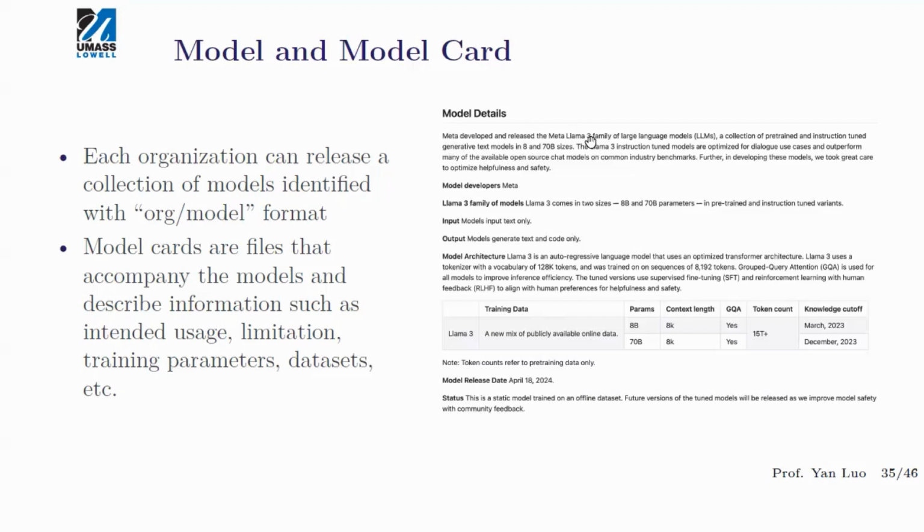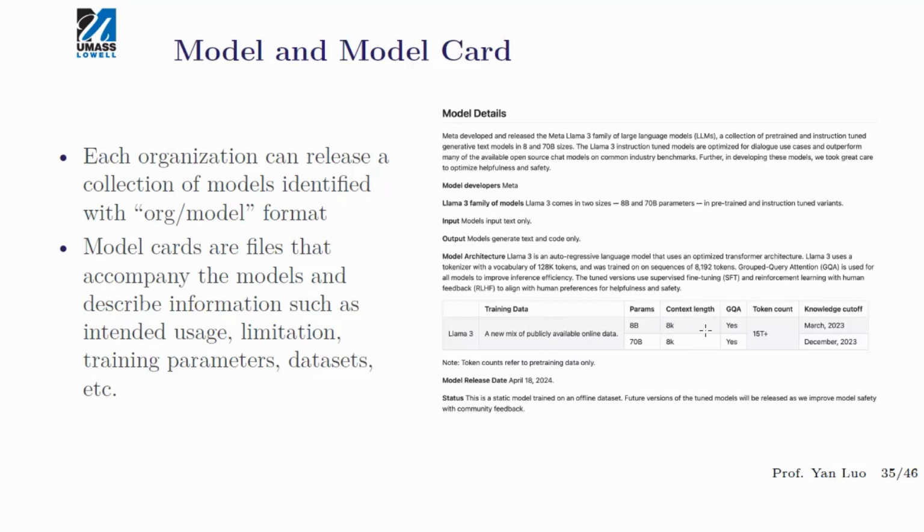It has information about how this model was trained and what the size of it is, and what the intended usage is. For example, this instruction model is tuned for dialogue use cases. Yeah, and this Llama 3 comes in two sizes, 8 billion parameters and 70 billion parameters pre-trained.